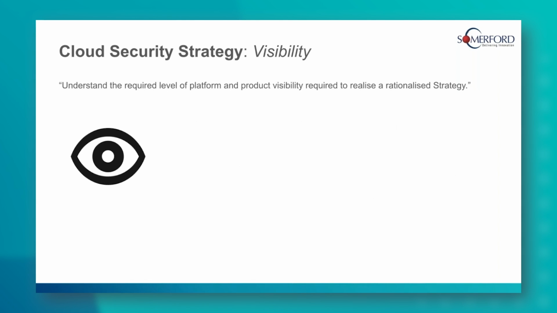Once we've rationalized our vision and have a better understanding of what our vision is going to be from a cloud strategy perspective, we're going to need to have visibility. What we need to understand is the level of platform and product visibility required to realize that rationalized strategy.